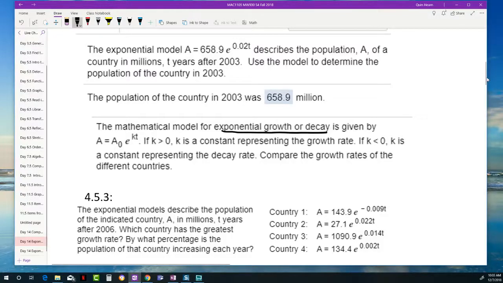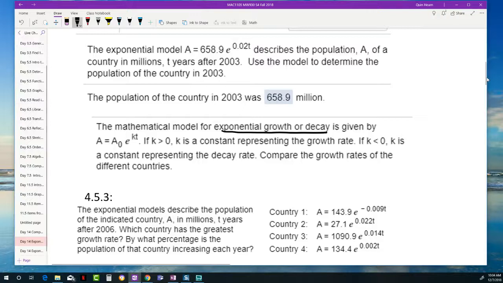And then decay, a perfect example would be when they carbon date fossils and stuff. So over time, the amount of certain radioactive substances decays, and they use that as a way of measuring how much time has passed.